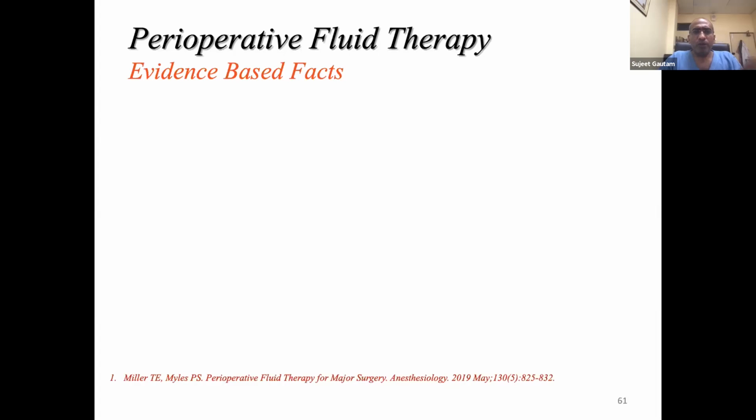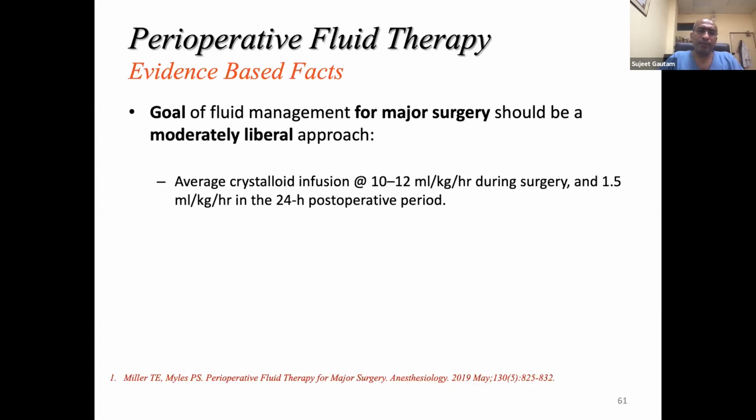To give something simpler, the Miller suggests that the goal of fluid management for major surgery should be a moderately liberal approach, neither restrictive nor liberal, somewhere in between. So the components should be like average crystalloid infusion at a rate of 10 to 12 mL per kg per hour during surgery, along with 1.5 mL per kg per hour in the post-operative period.